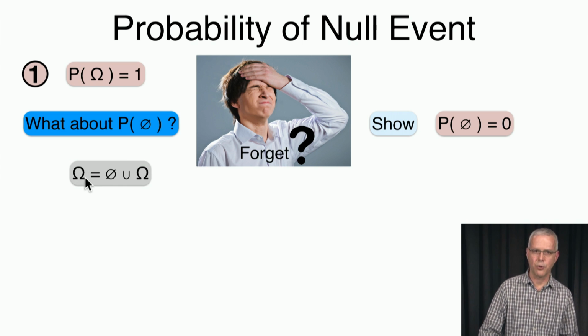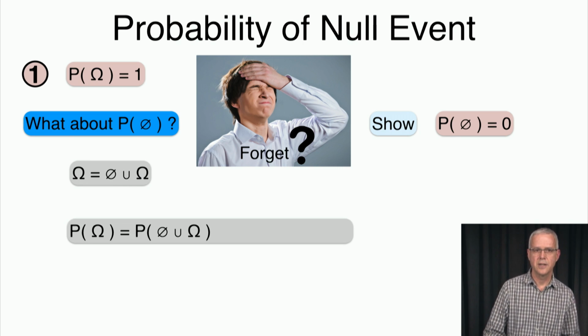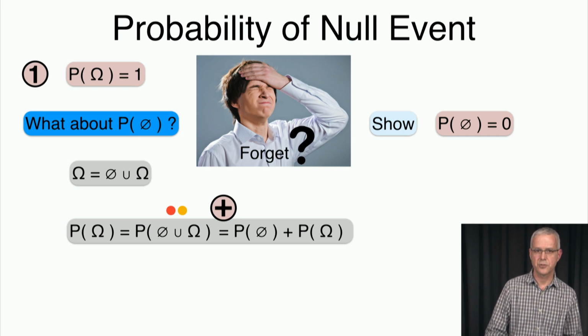Remember that the whole sample space omega can be written as the union of the empty set and the whole sample space, and therefore the probability of omega is the probability of the empty set union omega. This union is disjoint, and therefore by additivity this probability is the sum of the two probabilities, the probability of the empty set plus the probability of omega.